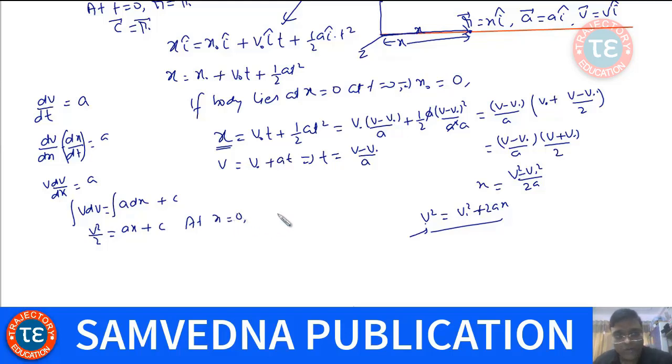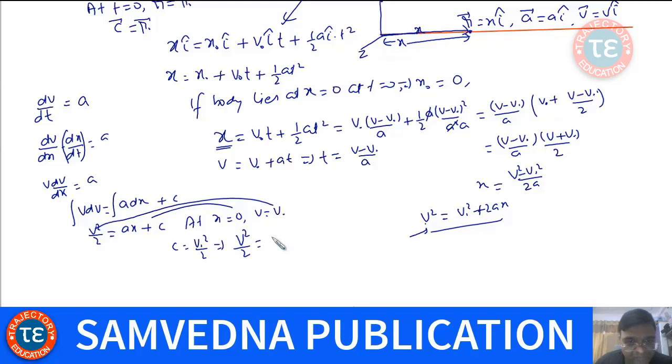Suppose at t equal to 0, the body was at x equal to 0 and the velocity was v naught, then you get C equals v naught square by 2. You put these values, x equal to 0 and v equals v naught, so you get C, and that leads to v square by 2 equals ax plus v naught square by 2, or you can say v square is v naught square plus 2ax.